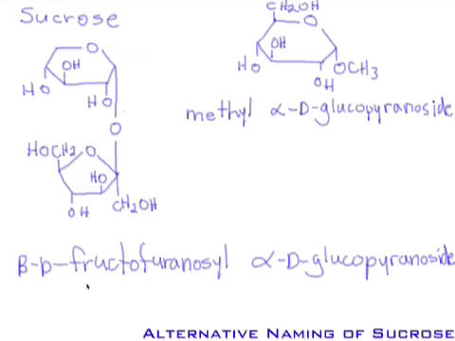So sucrose could also be called beta D fructofuranosyl alpha D glucopyranoside. Notice the glycoside methodology of naming is only used when you have no hemiacetal at any anomeric carbon in the disaccharide.